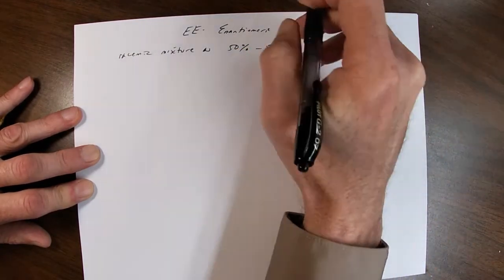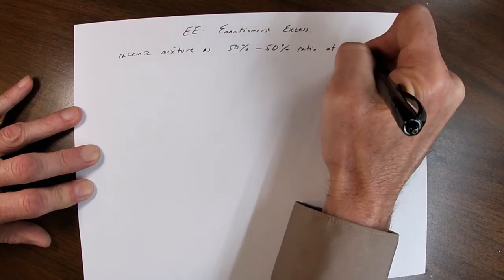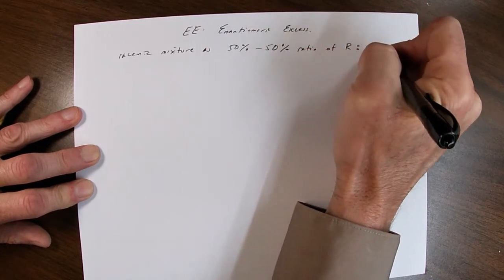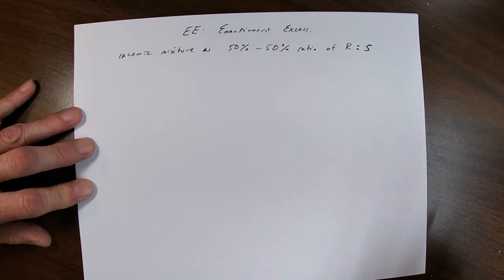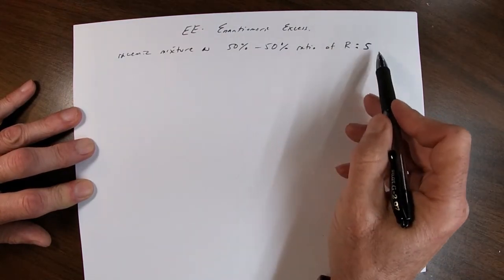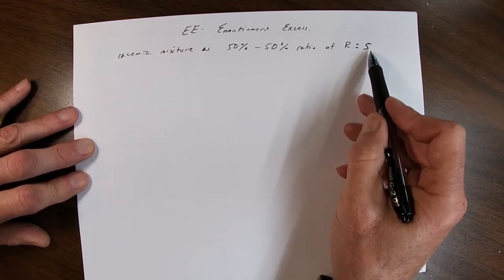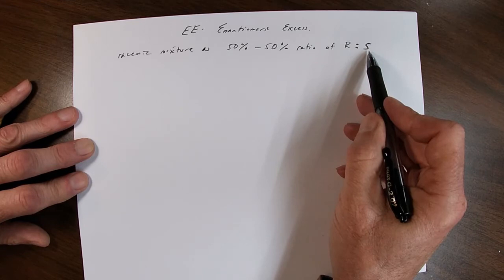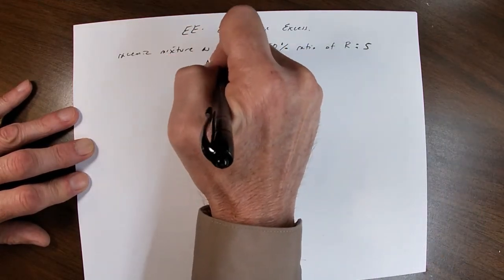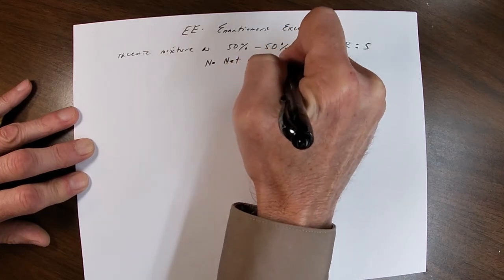So I've got a 50-50 ratio of the R isomer to the S isomer. I don't know if the R isomer is dextrorotatory or levorotatory, but I do know that the S isomer would be opposite in direction, but the same magnitude, and so there would be no net optical activity.